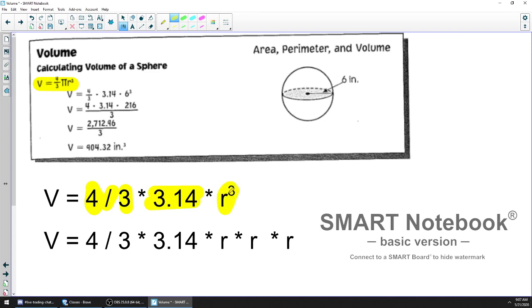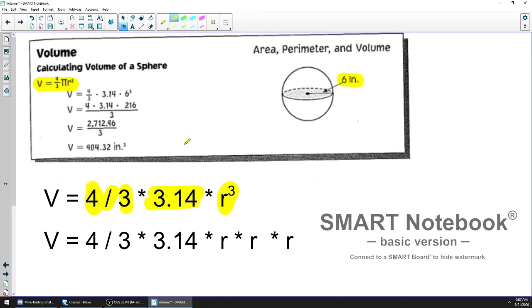If I bring out the r cubed and expand it, we would have 4 divided by 3 times 3.14 times r times r times r. And that's it. If you know the radius of a sphere, you know the volume.